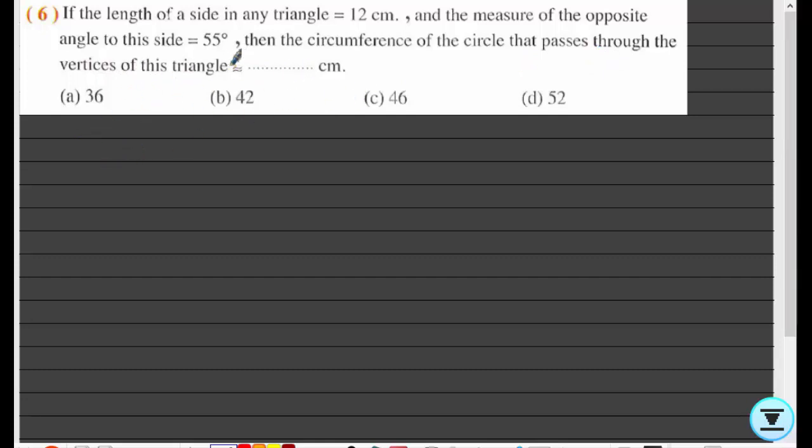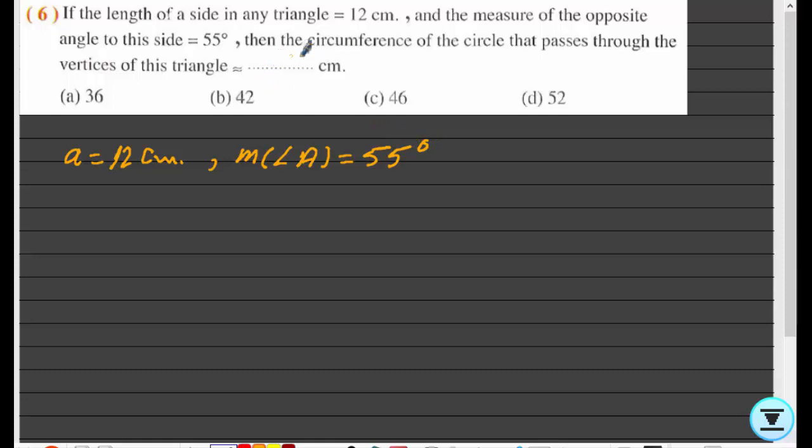Now consider the length of any side. I'll denote it by the symbol a. a equals 12 centimeters, and the measure of the opposite angle of this side, I'll consider it angle A. So measure of angle A equals 55 degrees.